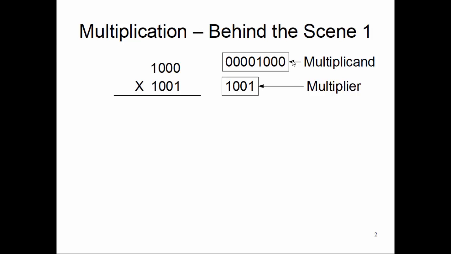With that in mind, we now want to show that we are storing the multiplicand in an 8-bit storage. Remember that we talked about registers. A register is one kind of storage, and we deploy an 8-bit register to store the 8-bit multiplicand and a 4-bit register to store the 4-bit multiplier. Now we take the first bit, the LSB, of the multiplier, and pass the entire 8-bit multiplicand through some multiplier circuit.